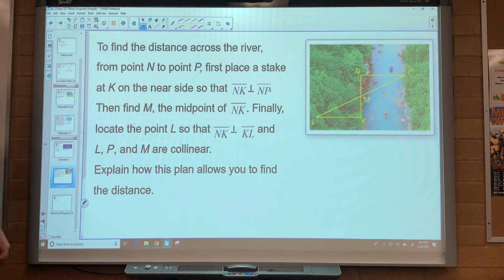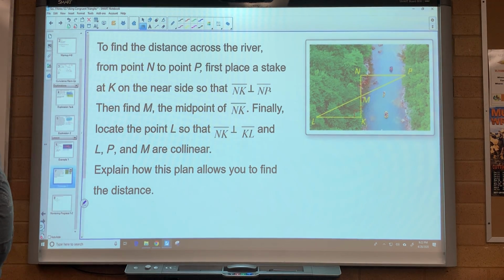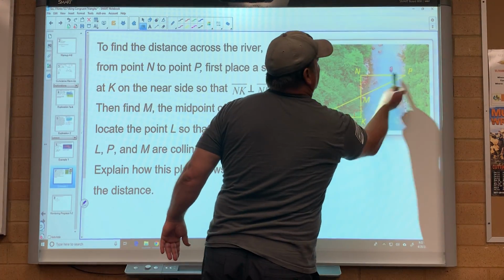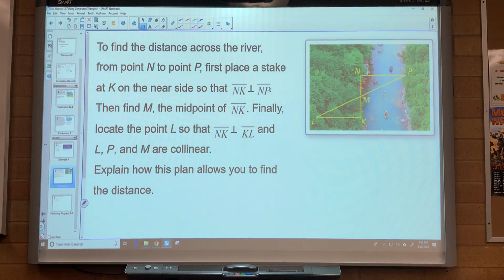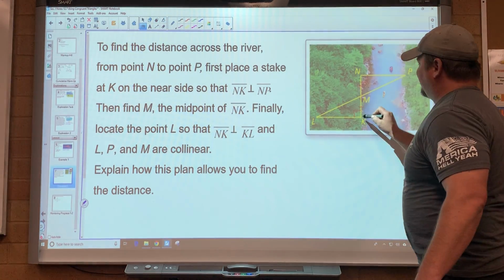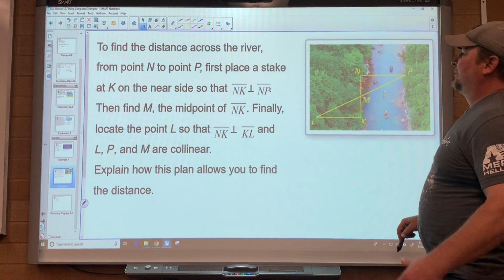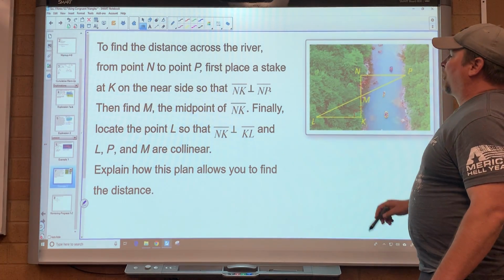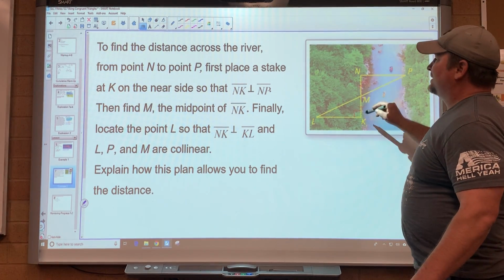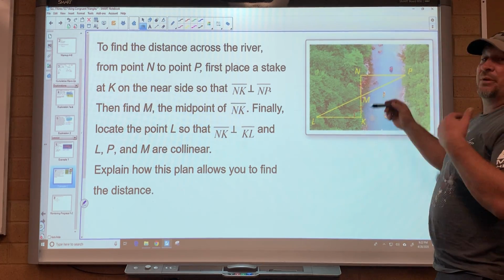All right, let's go on to this one. This one's a little bit like the Napoleon one, and the one we did before that. All right, define the distance across the river from point N to point P. So they want to find this distance. First, place a stake at point K. So they said put a point, so place a stake right there on the near side of the river so that N to K will be perpendicular to N to P. So they're saying that has to be a 90, and they're showing that.